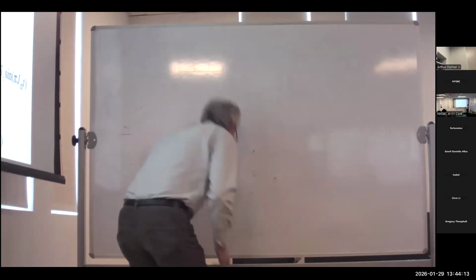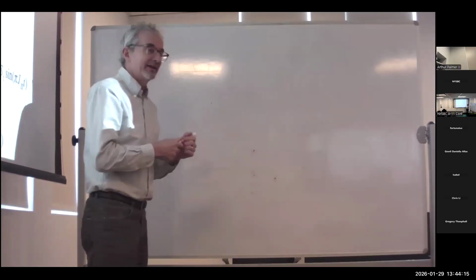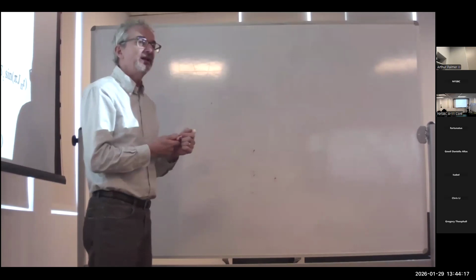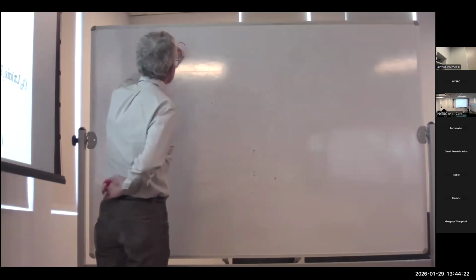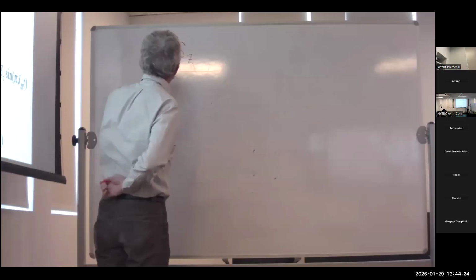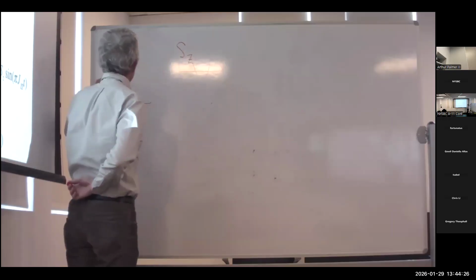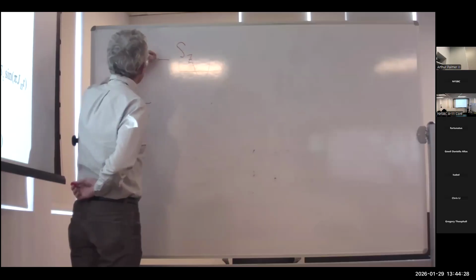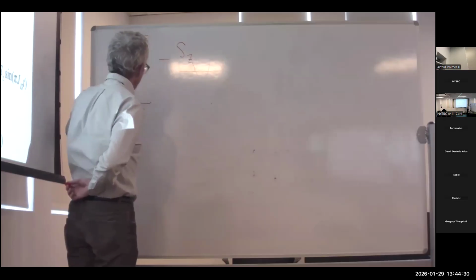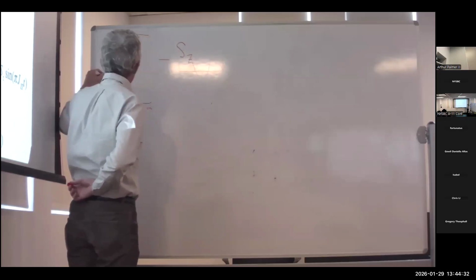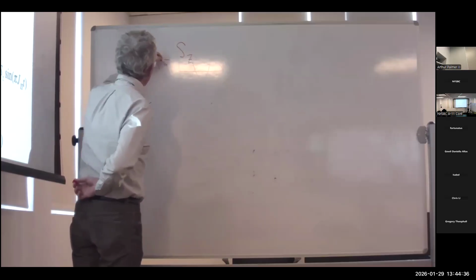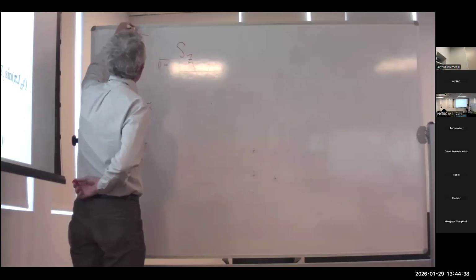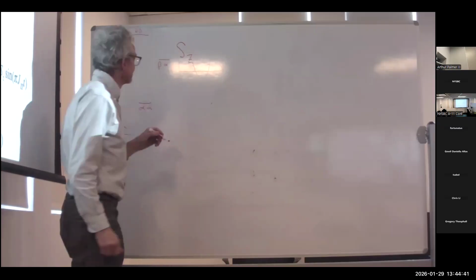Well, I say that I start out with SZ magnetization. Now, my energy level diagrams look like this: alpha alpha, alpha beta, beta alpha, beta beta. Now, let's make it IZ.